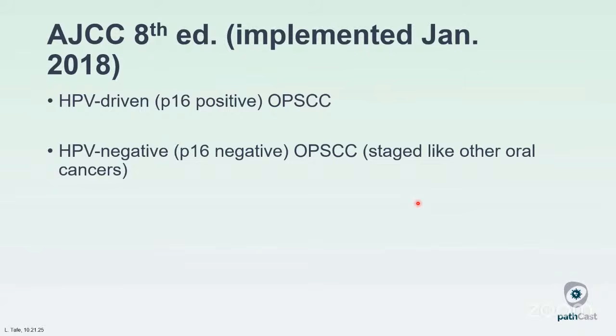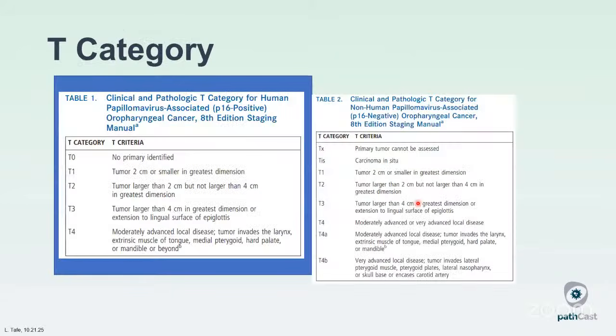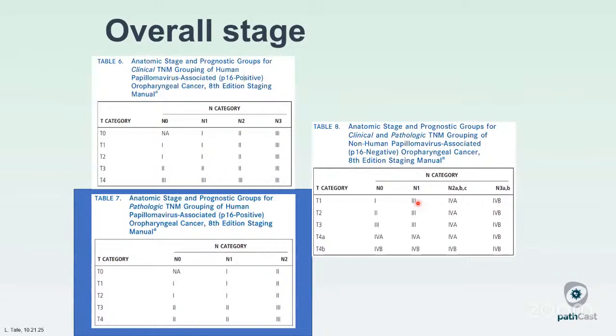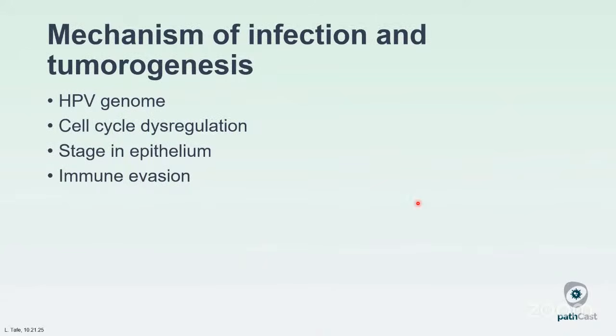And so now we also have this implemented in 2018, the difference in staging for HPV-driven P16 positive oropharyngeals versus the HPV negative. For your reference, we have differences in how we stage them in terms of our T and our N and our overall staging category. So this is in the presentation if you want to look at that a little bit more carefully.